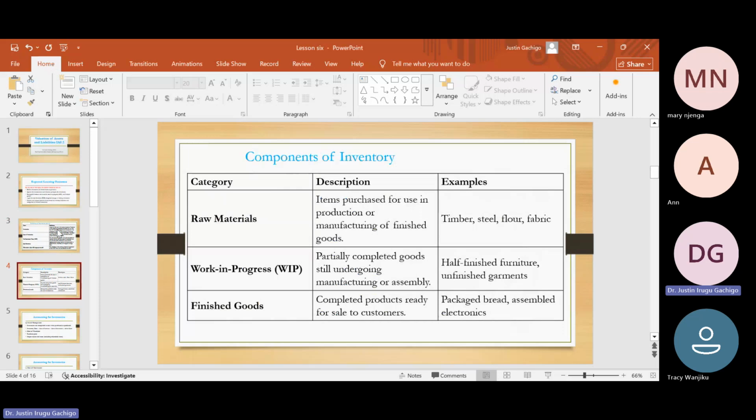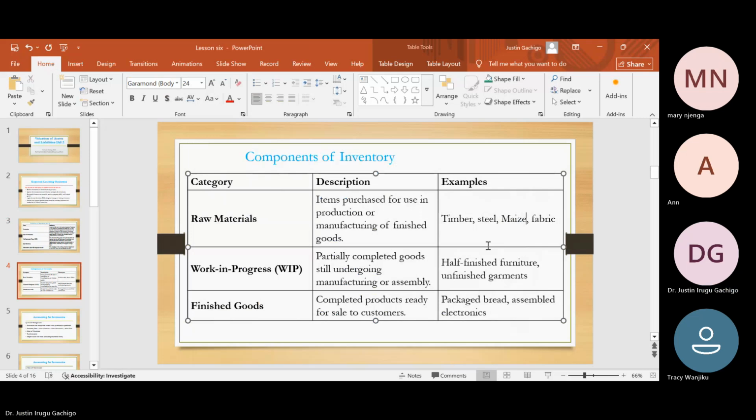Although I don't think this flour will fit here. It should be maize. Although flour can also be used. If, for example, you are in a bakery industry, flour can also be used there. Then we have work in progress.